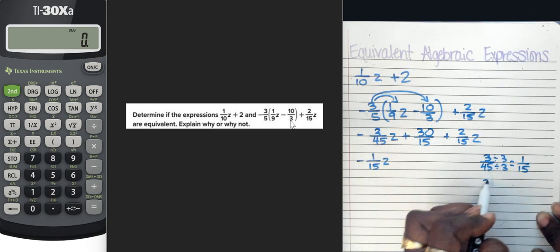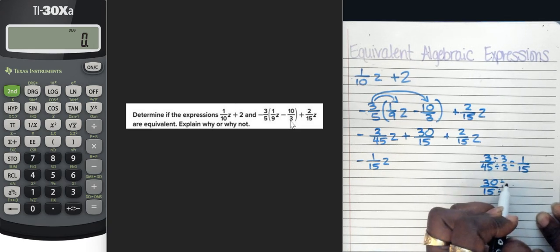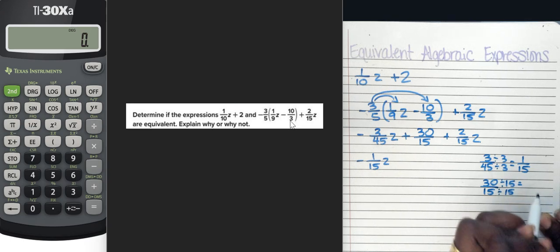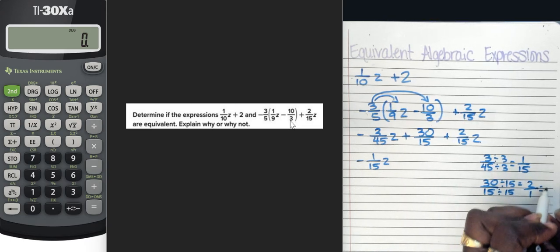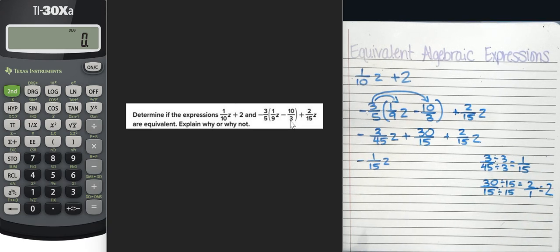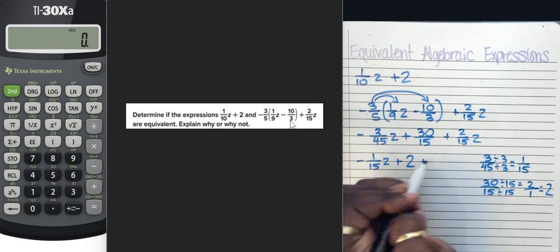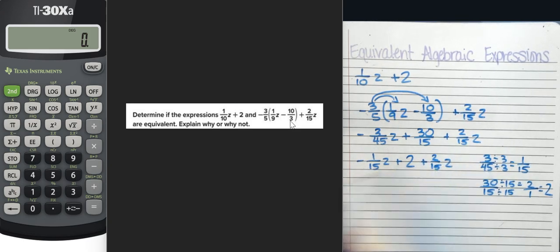And then 30/15, I know that I can divide both of them by 15. 30 divided by 15 gives me 2, and 15 divided by 15 gives me 1. So this is the same thing as 2 wholes. Okay, so what we have is plus 2, and then we're going to add 2/15 z.